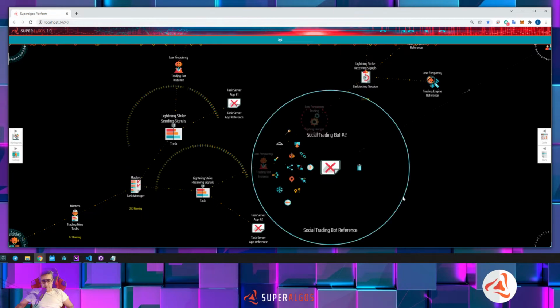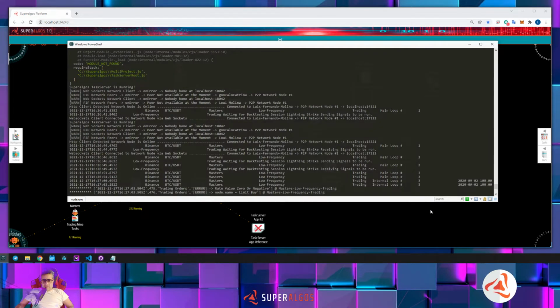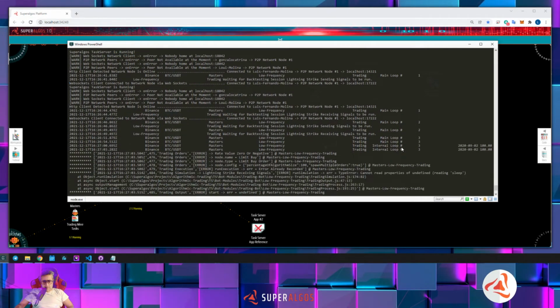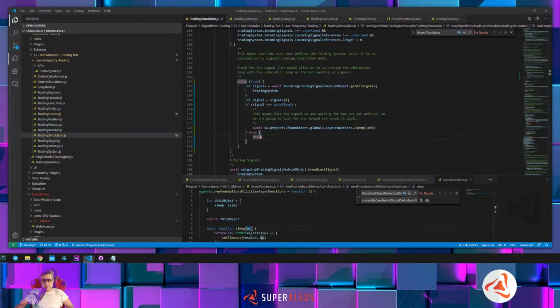Okay, stop. Cannot read property of undefined reading sleep. Okay, because this is utilities, it's not global. UT.